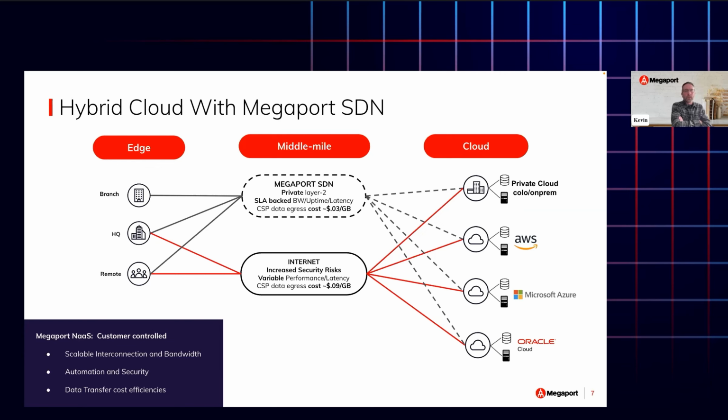But now with dealing with cloud connectivity and the requirements to be agile, having control over that middle mile and being able to leverage a software-defined network to actually build the connectivity is really what we're talking about here.